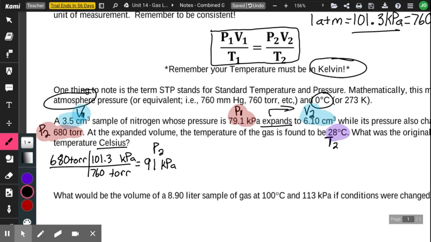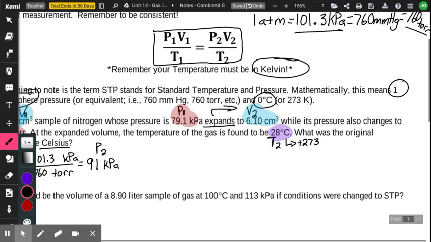Another thing I need to do is convert my Celsius into Kelvin. So I'm going to take this and add 273. What that converts this into is 301 Kelvin. So now I've got my two new numbers. This is my temperature 2.